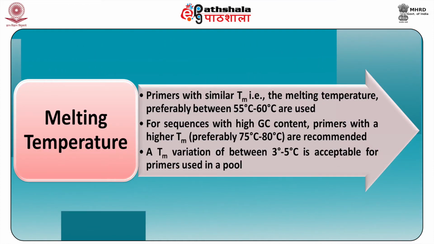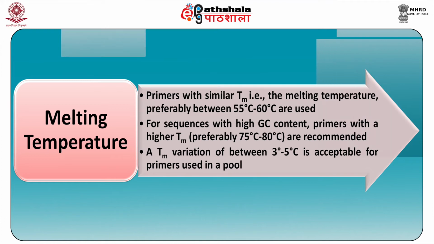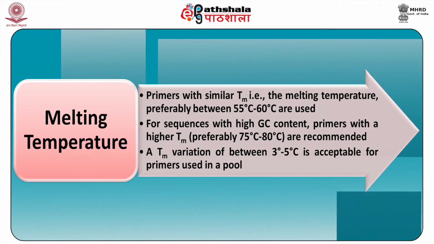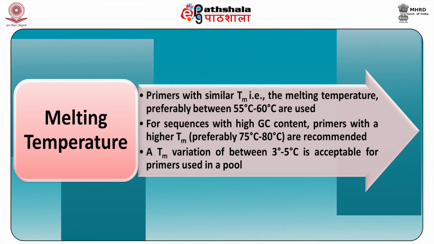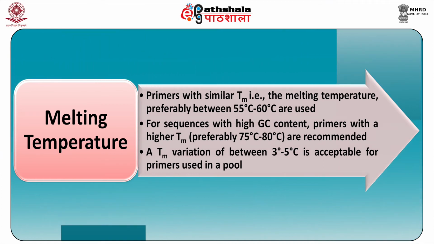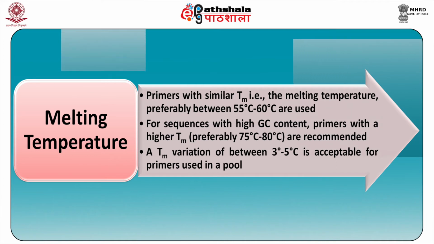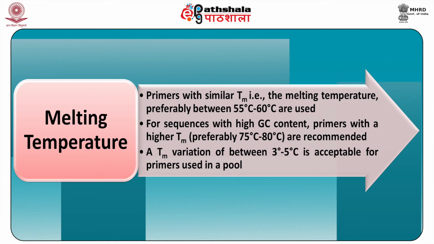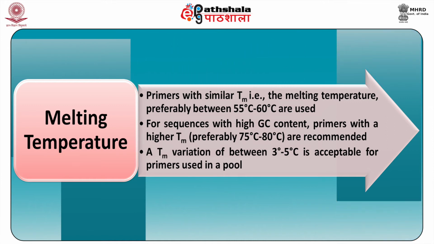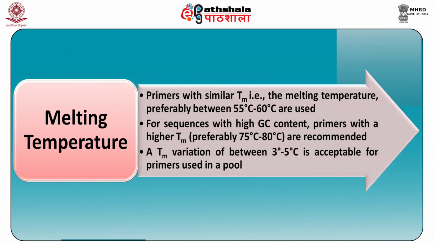Second, the melting temperature. Primers with similar Tm, that is the melting temperature, preferably between 55 to 60 degrees Celsius are used. For sequences with higher GC content, primers with a high melting temperature, that is 75 to 80 degrees Celsius, are recommended.